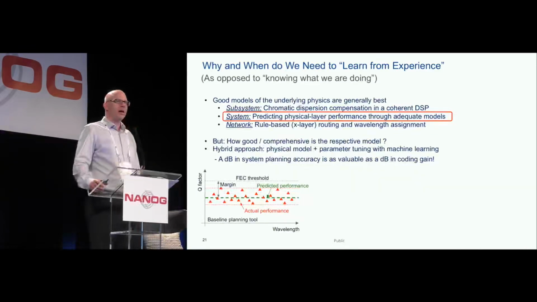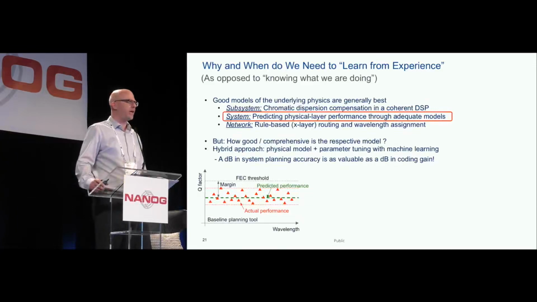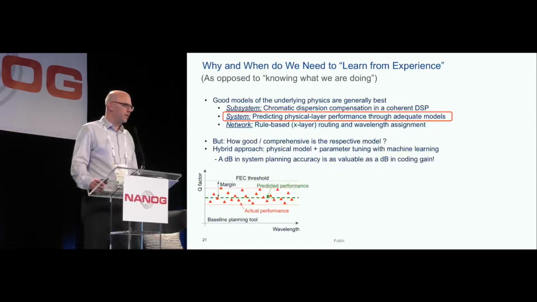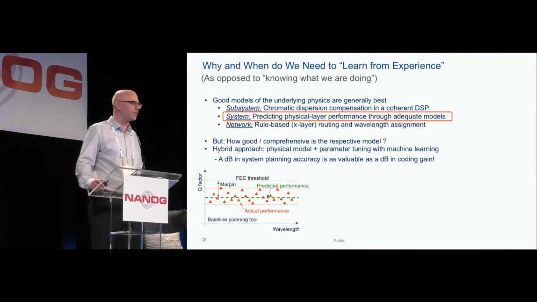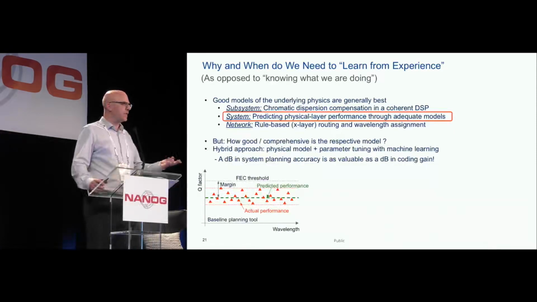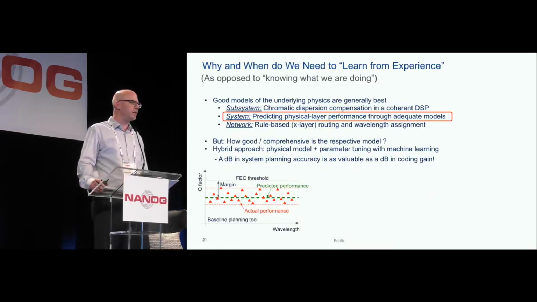If you don't do a very good job of predicting what the quality of that link will be, then you have a lot of spread in your predicted performance versus the actual performance. And to account for that spread, you have to add in a margin. So the margin is basically some distance away from the forward error correction threshold, and you have to build it into your system in order to account for that spread.